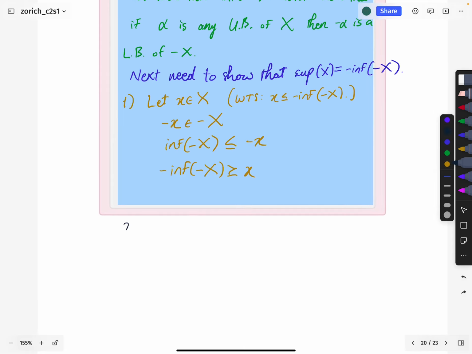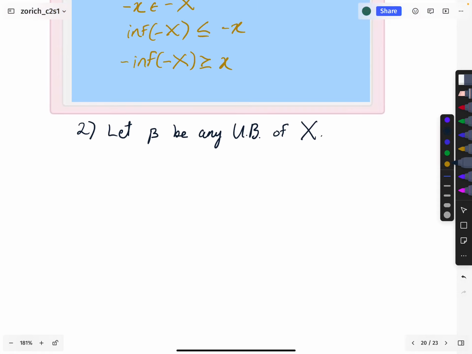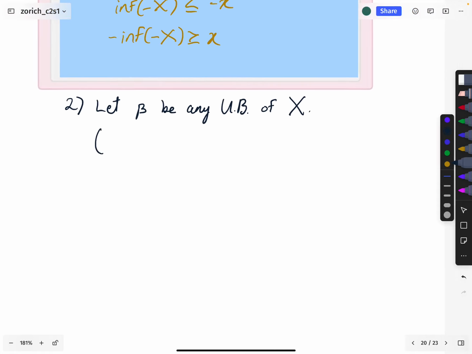Okay, 2. Let's show that it is the least of all of the upper bounds, and to that end, let's consider any other upper bound beta. We're trying to show that negative inf negative X is less than or equal to beta.